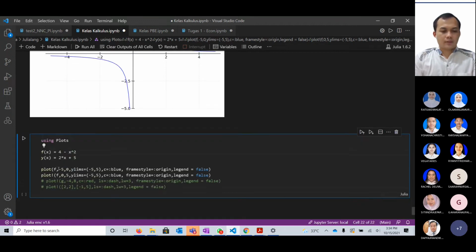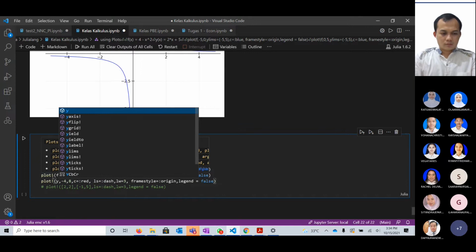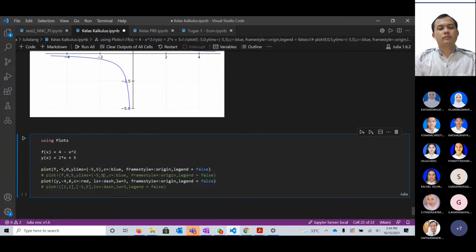Now we plot f and y. F from -3 to 1, and y is also from -3 to 1.